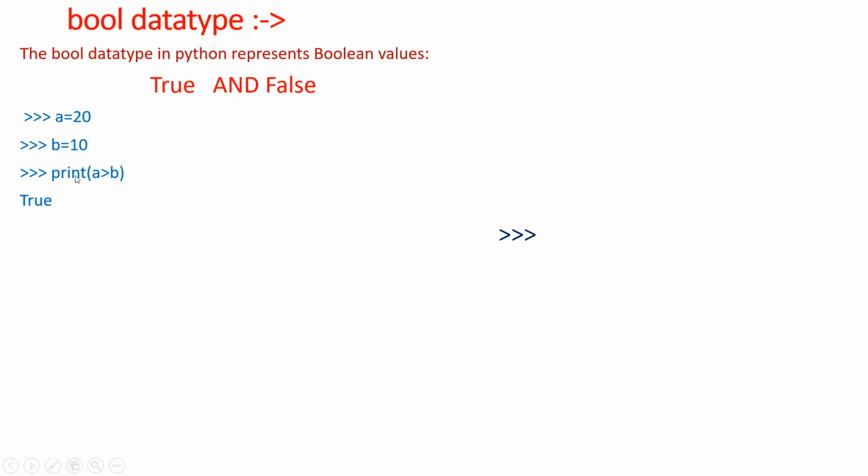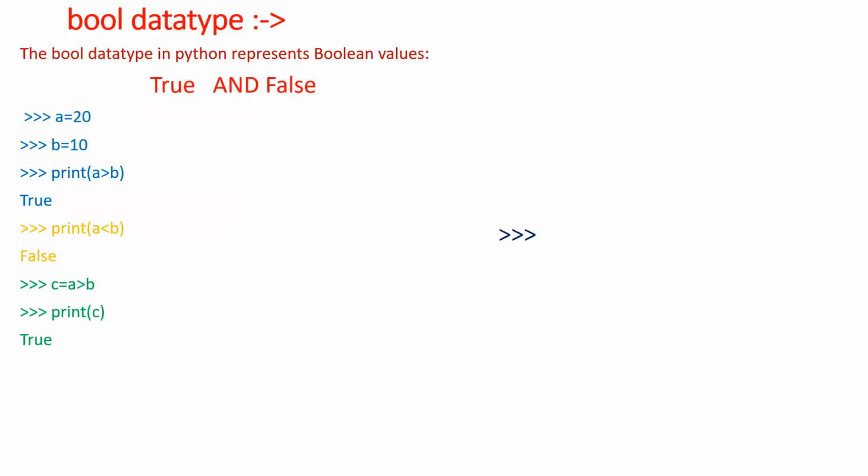Now, if you use in the print statement print a greater than b, obviously 20 is greater than 10, so it returns True. You will get the value True. But if you use a is less than b in the print statement, then definitely you will get False. Now I'm going to show you when you get the integer value, 1 and 0.